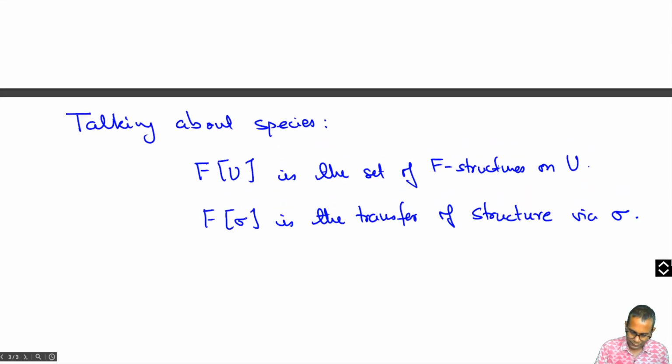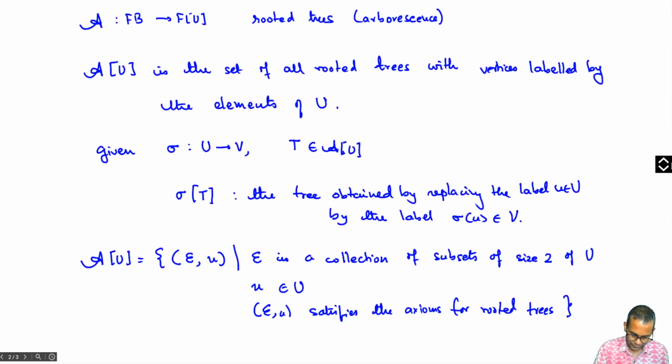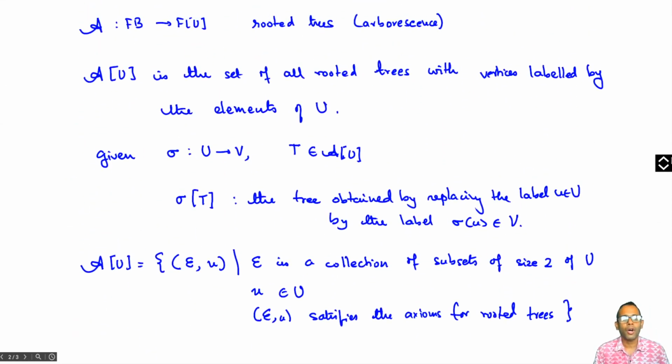And as we've seen in this example here, A of U is the set of all possible rooted tree structures on the set U, and F sigma of T, with T in round brackets, is the tree obtained by transferring the structure from U to V using the bijection sigma.